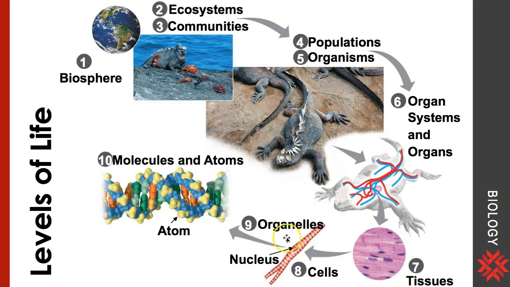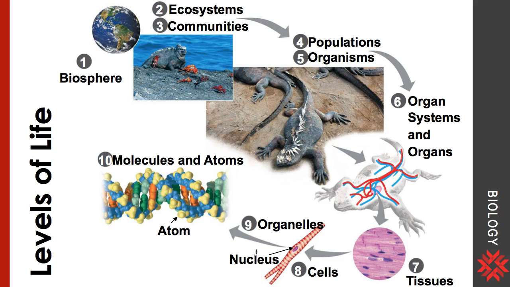The organelles are components within the cells that have a particular function. So, for example, here you have the nucleus as one organelle, and its function is going to be to house the DNA. When you go down to the level of organelles, you don't see all of those properties of life. You have to stay at the level of cells to be able to see all of those properties.